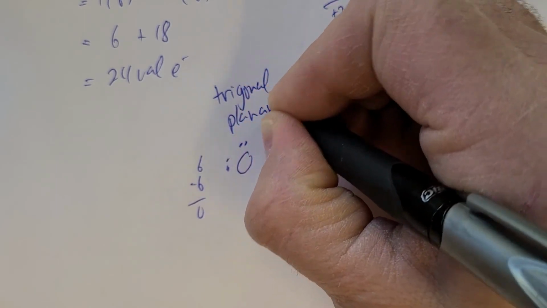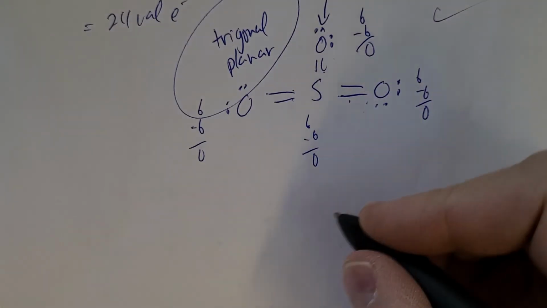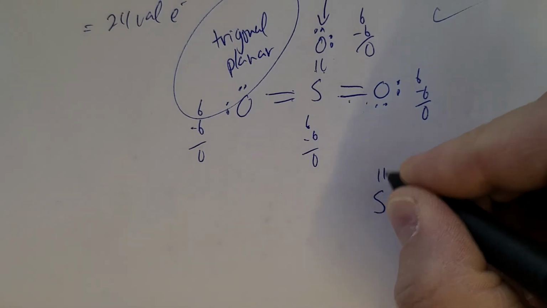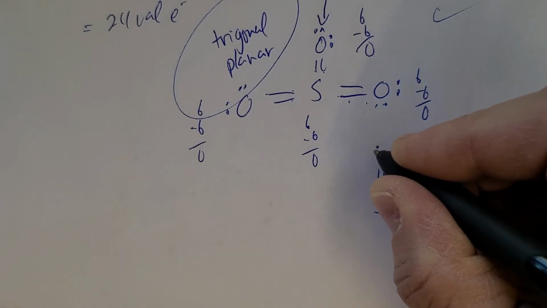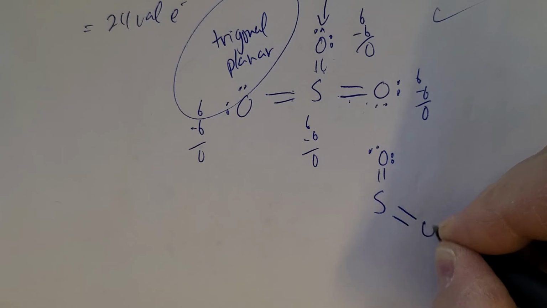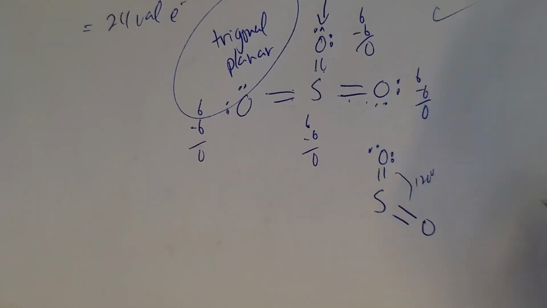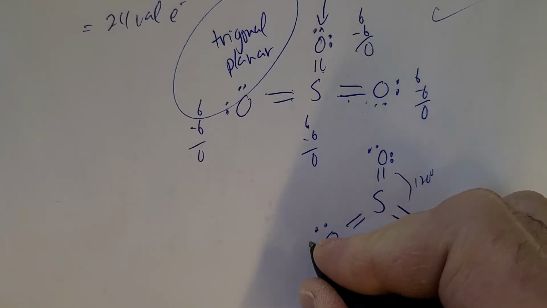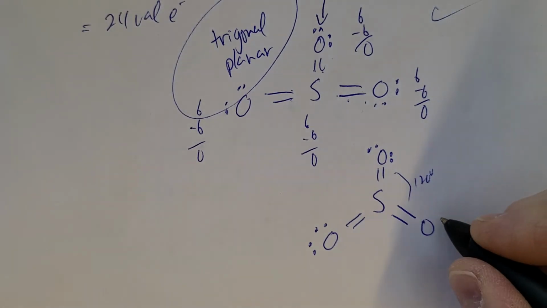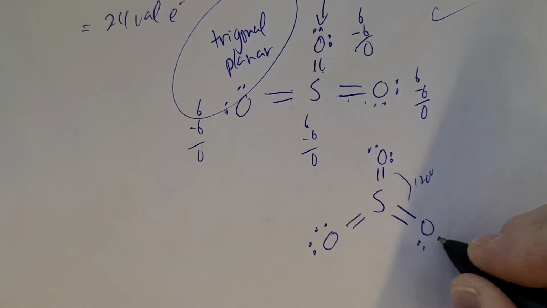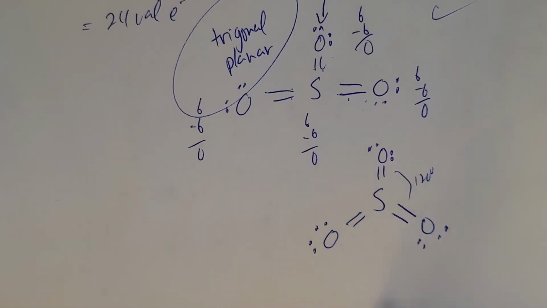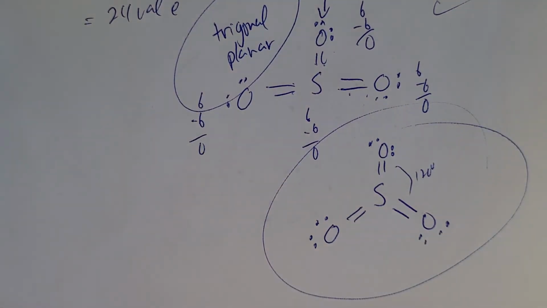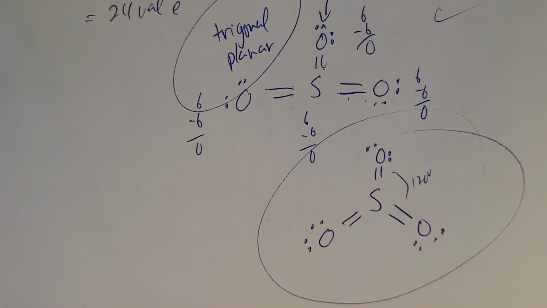But if I really wanted to draw it how it actually looks, I would draw it such that these angles are closer to 120 here. Do you have to redraw it? No, because simply writing trigonal planar implies that you know that the shape looks more like that. So you don't necessarily have to redraw it. You could just simply state that shape.